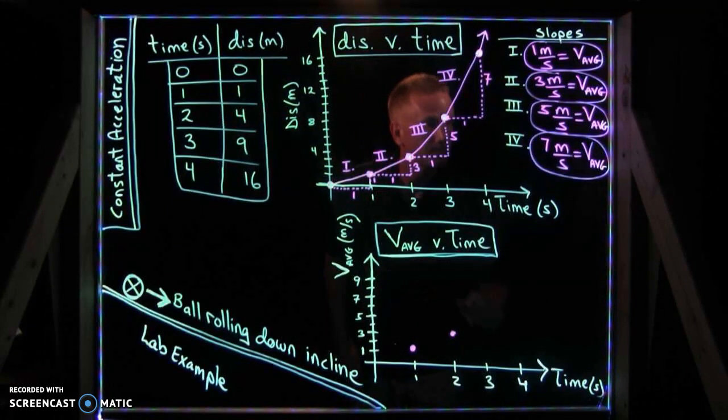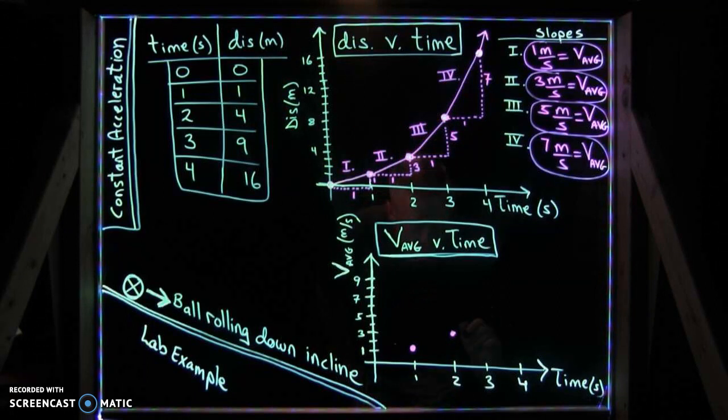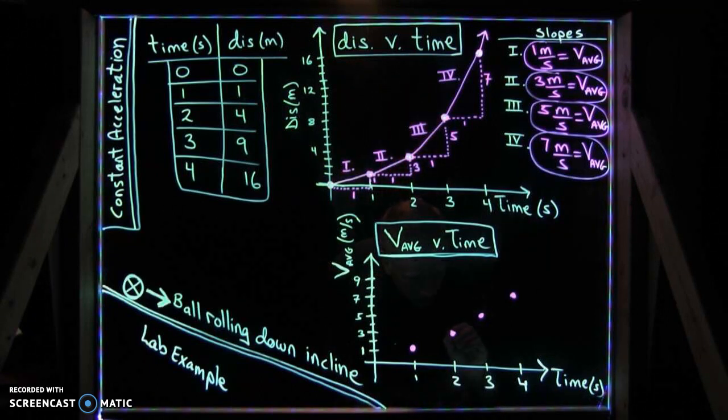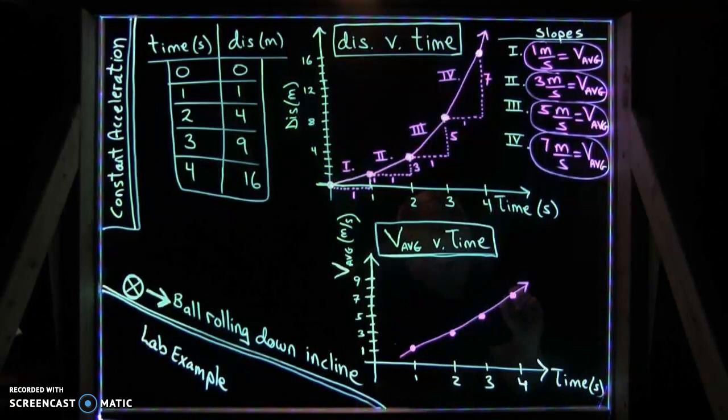In your third segment, it grew to 5 meters per second. In your fourth second, to 7. Okay. Now clearly, if you consider these points, they are collinear. These 4 points all lie on the same line.